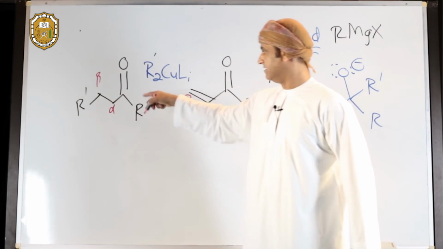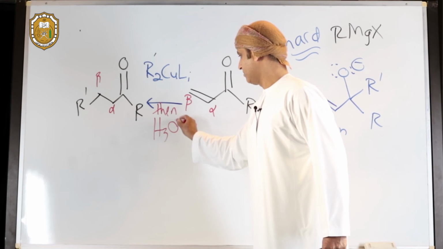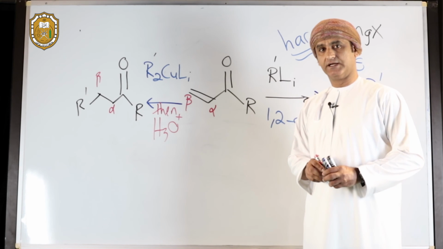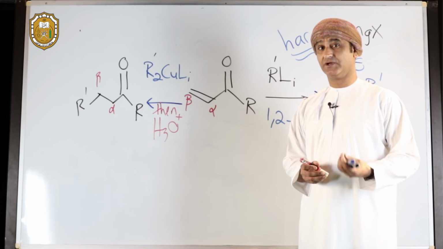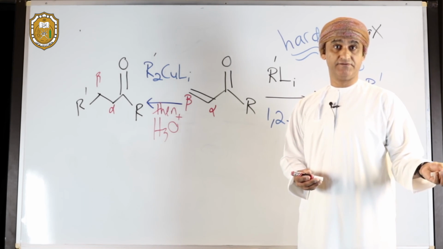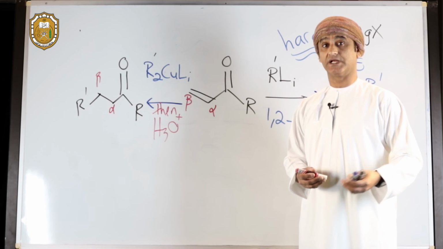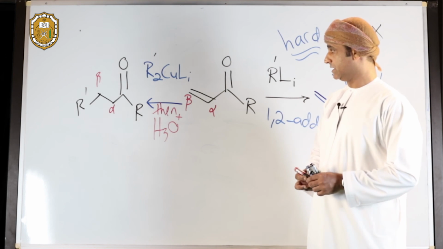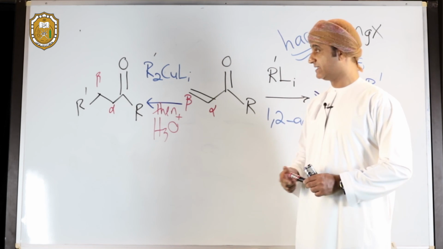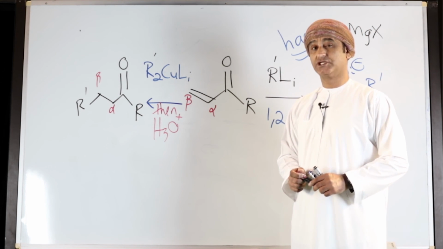It's clearly in the end, of course, after addition of H3O plus or a mild acid, because remember the product at the end of this conjugate addition is an enolate, but the enolate, if it's treated with a mild acid, gets protonated to an enol, or it gets converted in the end to the ketone. The enol, even if it's small, will tautomerize to the ketone. The final product is one where the new group coming from the cuprate gets bonded to the beta carbon, as a result of this 1,4 addition type reaction or conjugate addition.